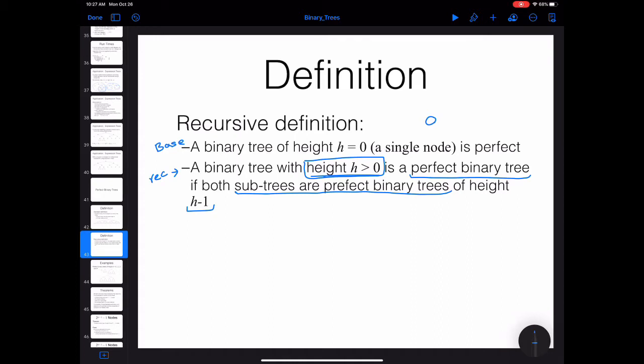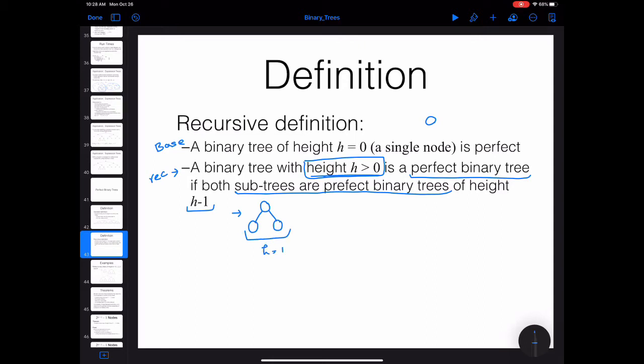Okay, so you have a perfect binary tree of height 0, it is going to be another perfect binary tree of height 0. Then you can create a larger perfect binary tree of height 1 by just adding one more node as the root and combining these two, right? This is a perfect binary tree of height h equal to 1.